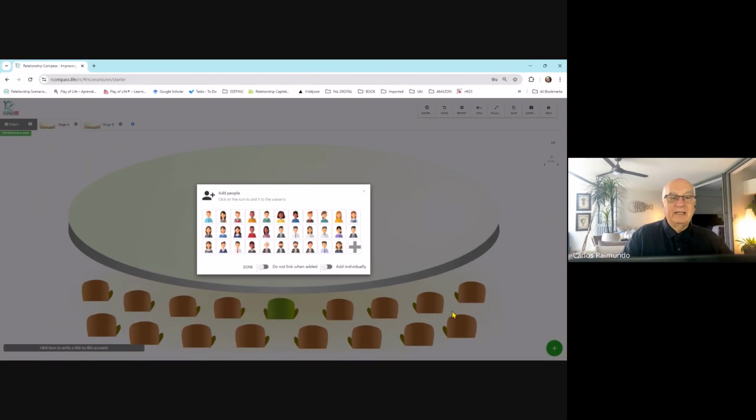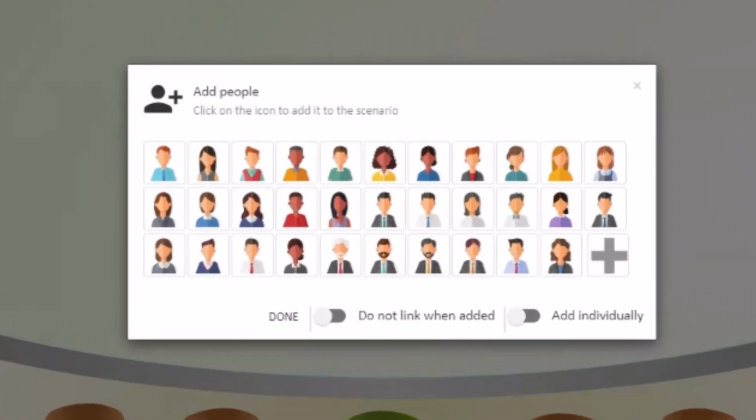We have avatars of limited people to start choosing how many people we'd like to put in this group. The technical word is social atom. We are going to analyze a part of your life, not your whole life, a section of your life, and this is called a social atom, a smaller group of people.